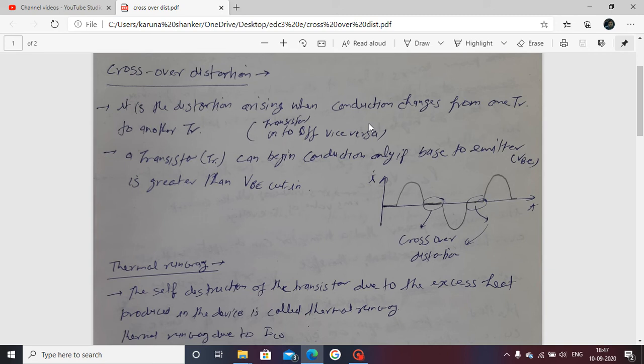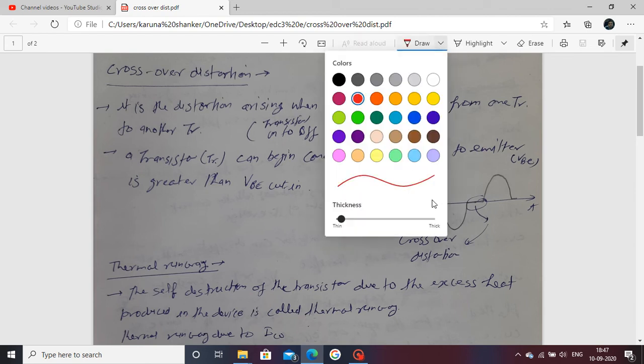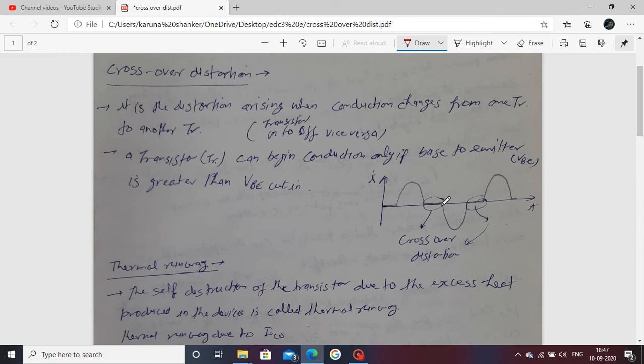One of the drawbacks in this push-pull amplifier or complementary symmetric amplifier is the region where the transistor is not conducting. This crossover distortion is represented by the diagram you see here.